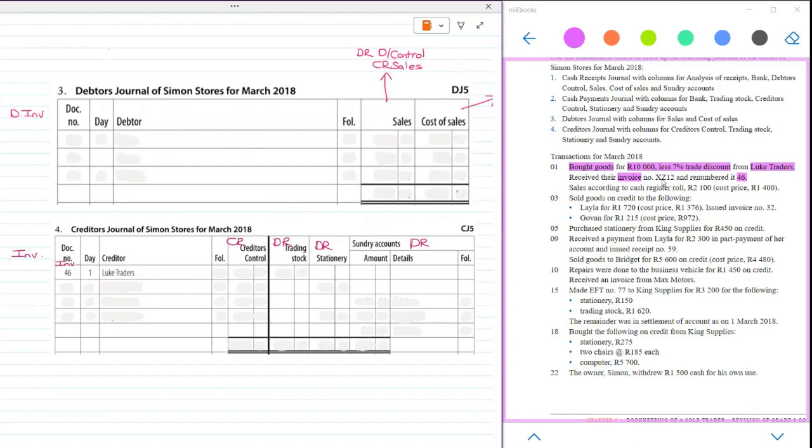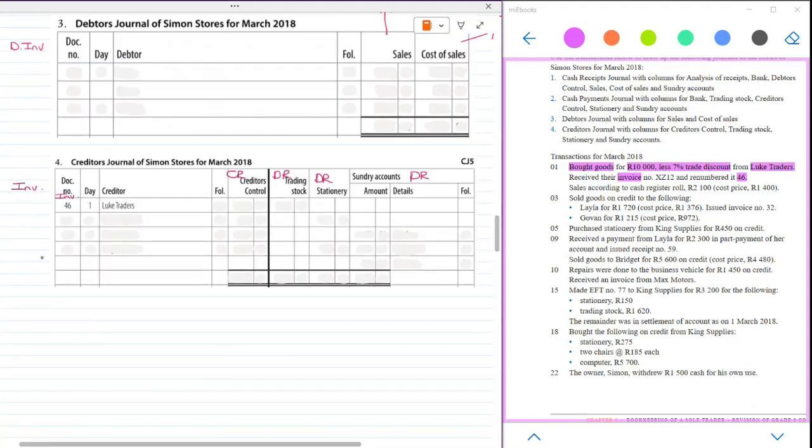Now for the amount, how much do we owe them? We bought these goods, meaning trading stock, for 10,000 less 7% trade discount. A trade discount is a discount that everybody will receive, whether you are buying cash or on credit. Before you come to the till and they give you that final invoice, they will need to subtract that discount.